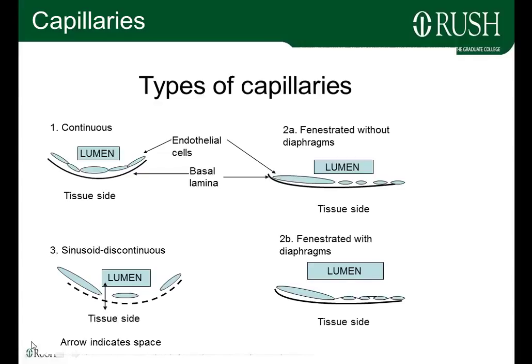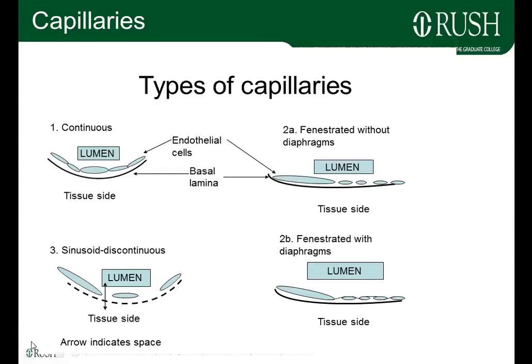The third type is called sinusoidal or discontinuous capillaries. These capillaries have very large diameter lumens, and they're like dilated capillaries basically. They have 2 features that differ from the other 2 types. First of all, the cells are not generally completely adhered to one another with tight junctions.